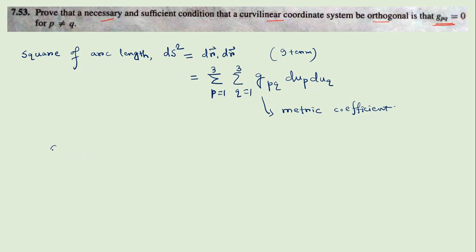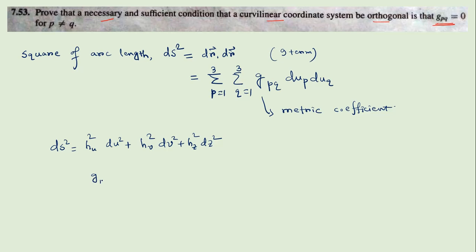In the case of an orthogonal coordinate system, this will be written as h_u square du square plus h_v square dv square plus h_z square dz square. Only the square terms exist, and the interchanging cross terms will be 0.